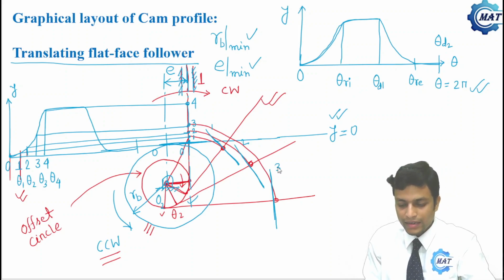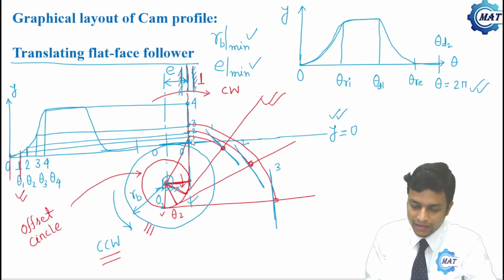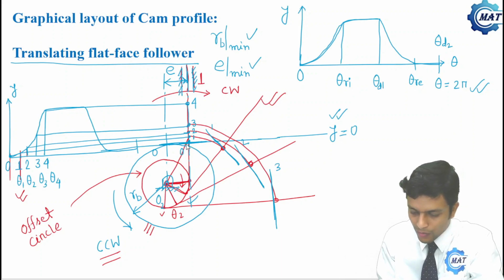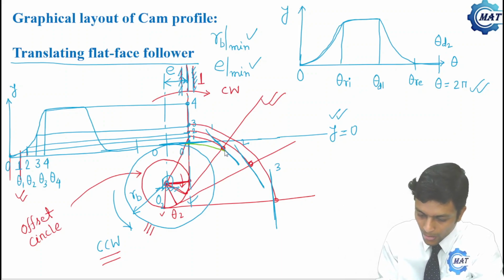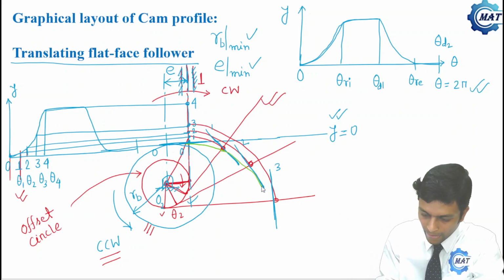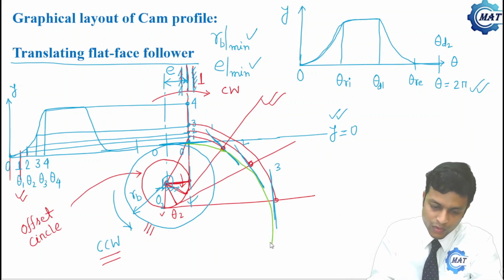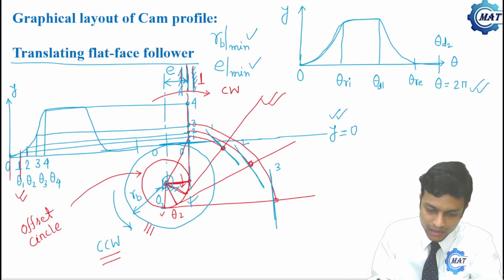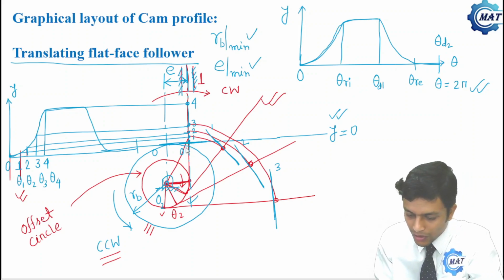Now the cam profile is nothing but an envelope to the family of these straight lines. That is, now let me draw the cam profile. What is the cam profile? If we draw the cam profile, this one is the cam profile. Let me draw it once again.